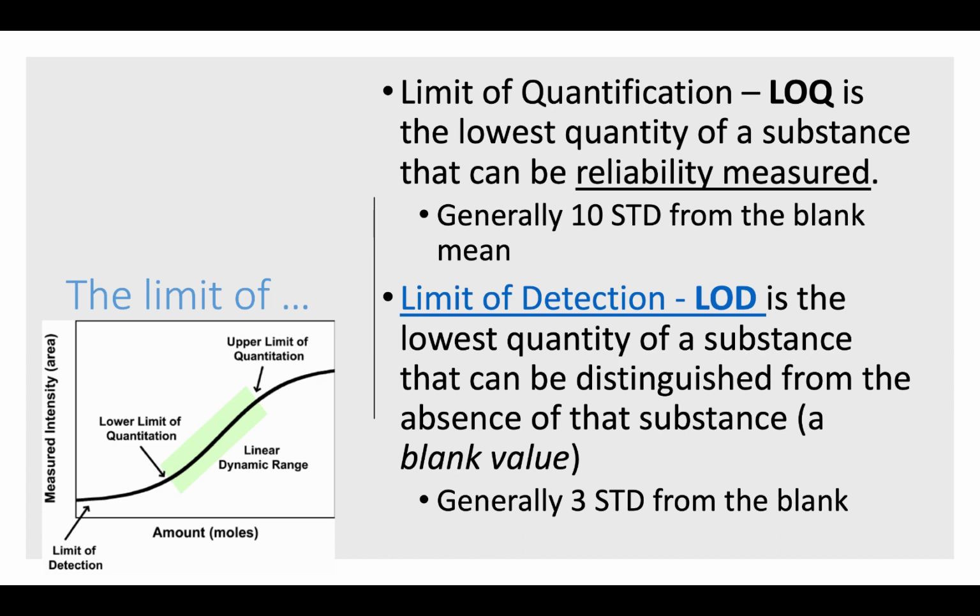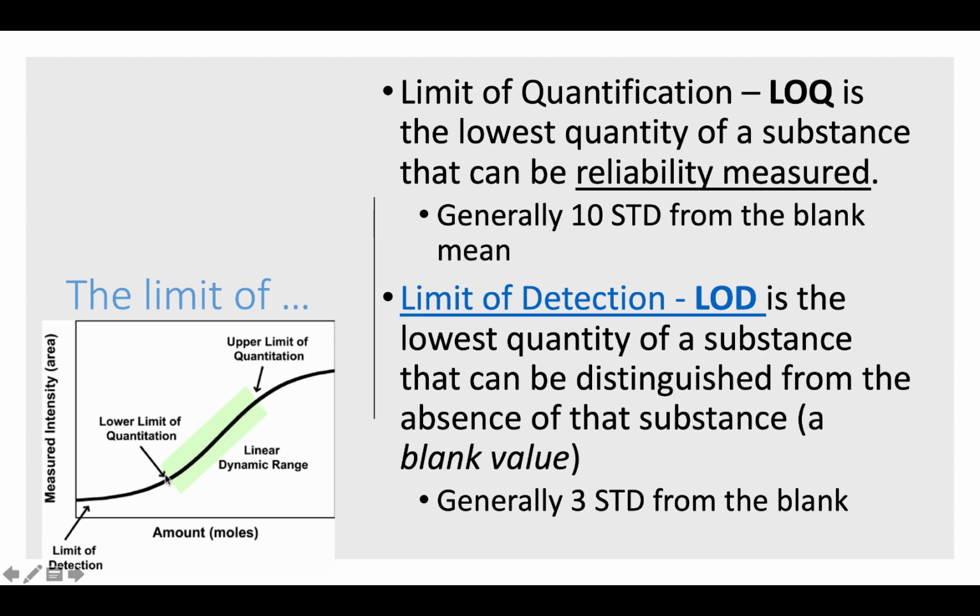So when we start talking about an analytical method, I think this visual really helps you to understand the difference between the limit of detection and the limit of quantification. This specifically has to do with the sensitivity of the equipment that's being used to either extract or weigh or somehow detect the amount of the chemical on the filter or in the liquid medium. That methodology and that machine has a certain degree of sensitivity, and it is highly accurate within a specific range.